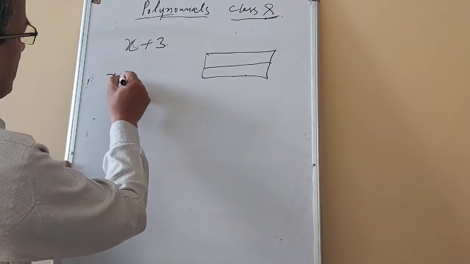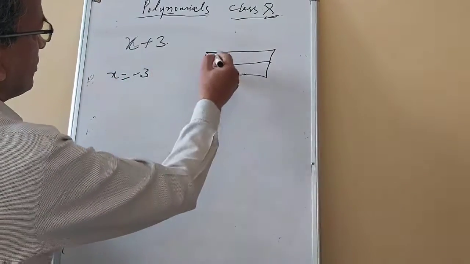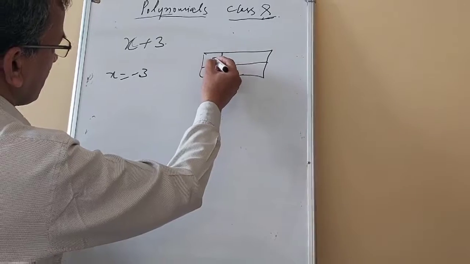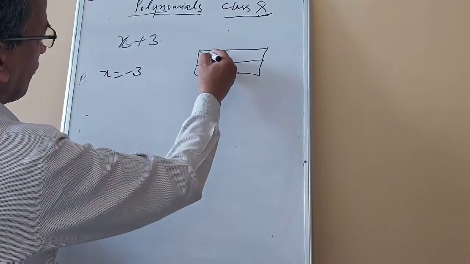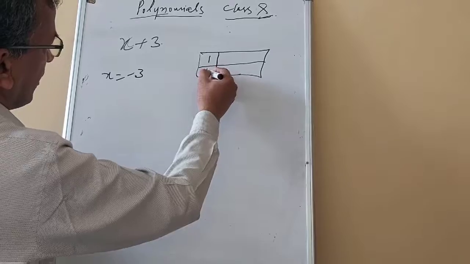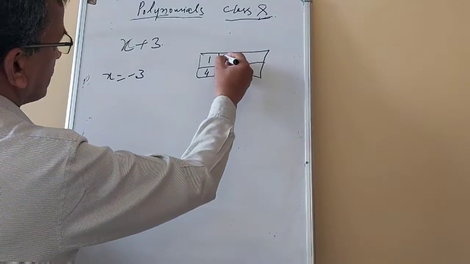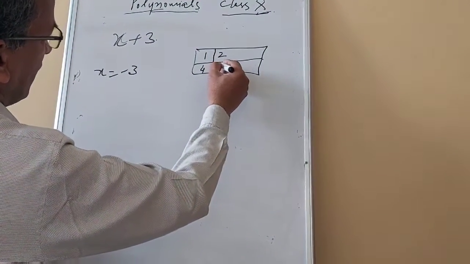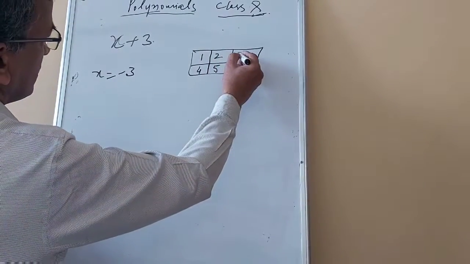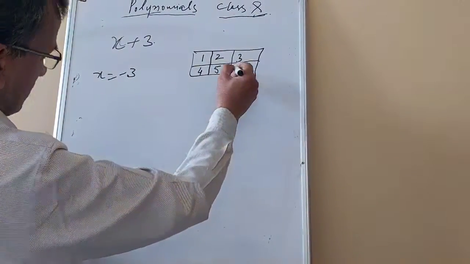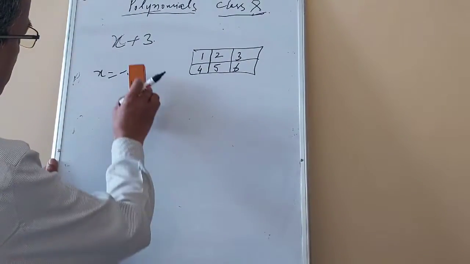So x can be written as equal to -3. So here you put the value of x, say x is equal to 1, it will come as 4, say 2, it will come out as 5, and say 3, it will come out as 6. Right?